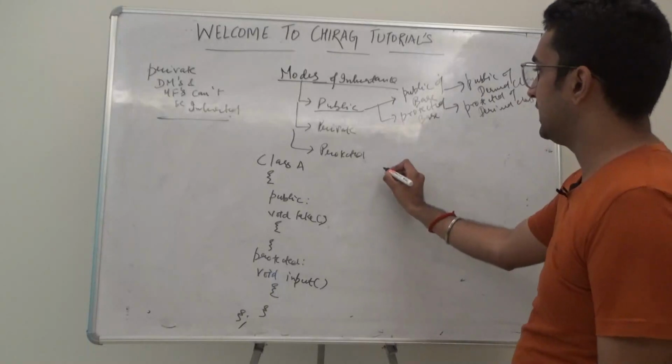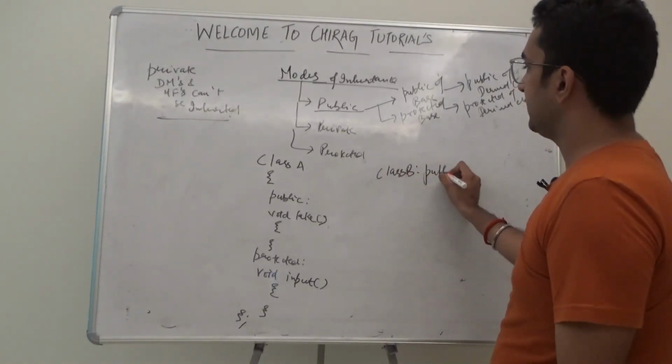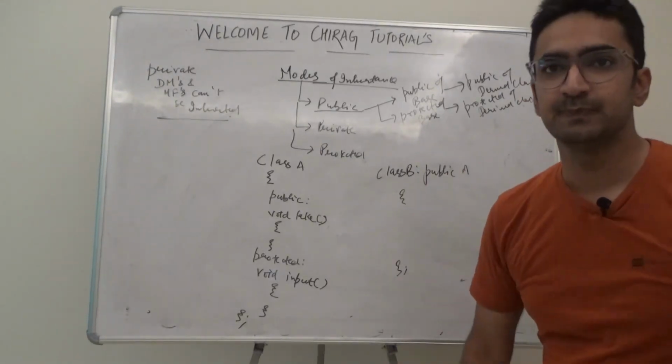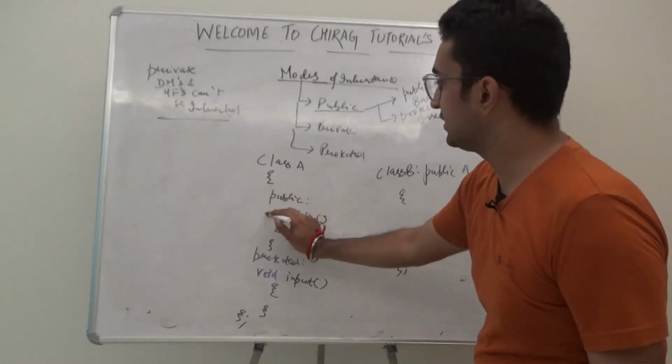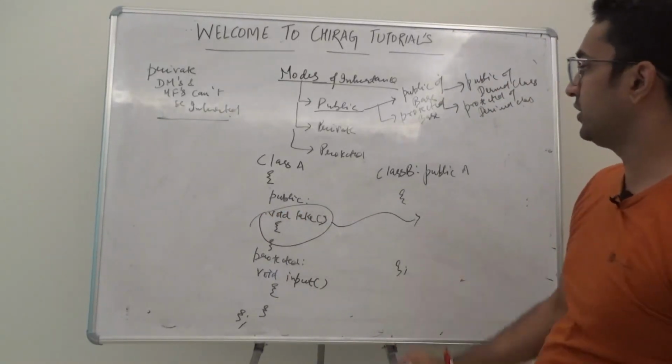It means that if I write class B public A, I haven't written anything in this. So what happens is the public section of this class A by default will go over here.